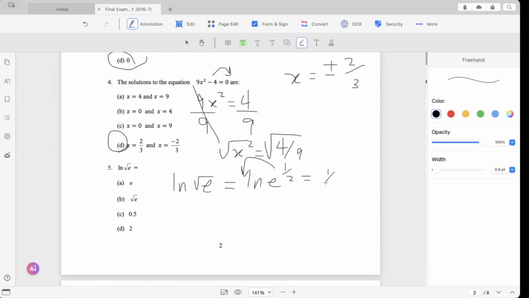So you have a half, then ln e. And then ln e is 1, so this is going to cancel. So my answer is going to be a half. If I had cube root, then this would be 1/3. So a little bit of indices is taking place. So the answer is C.